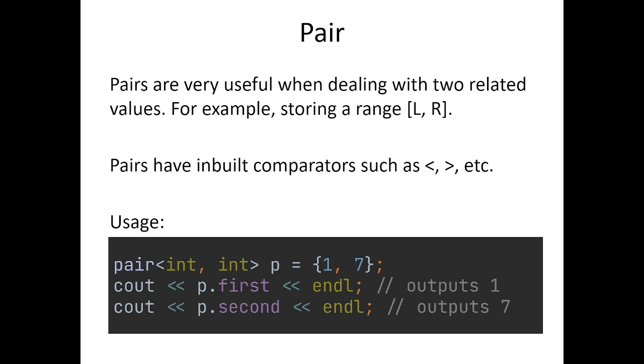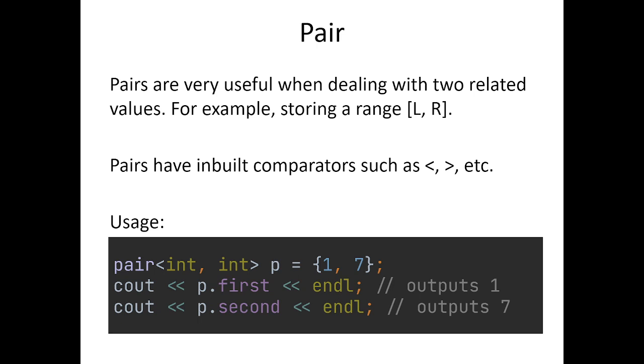You'll first check the first number, because only if the first numbers are equal will you check the second number, right? So this becomes a little bit difficult without pair. With pair, you can just use the inbuilt less than comparator and sort using the STL sort function. It just becomes a matter of one line of code.